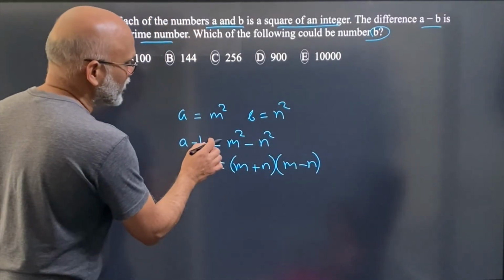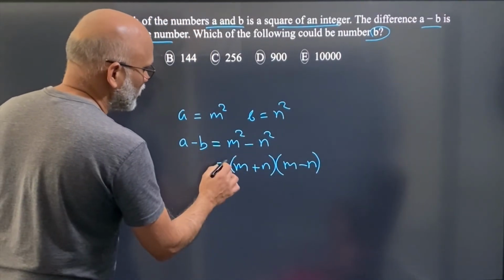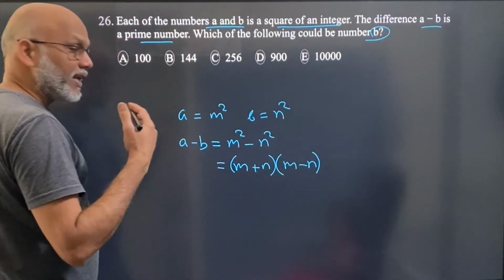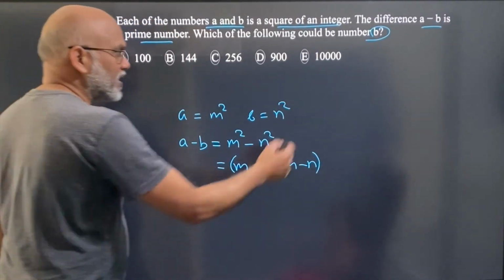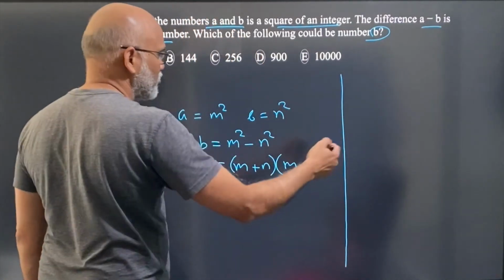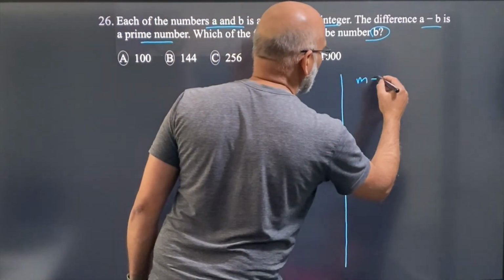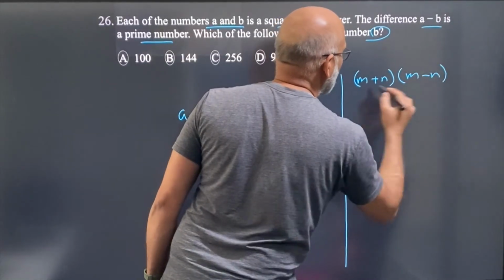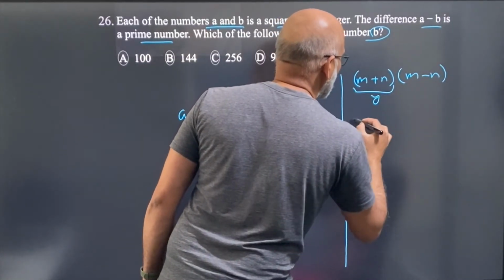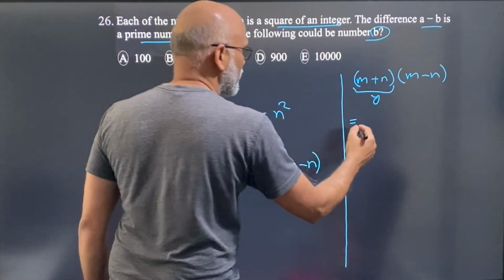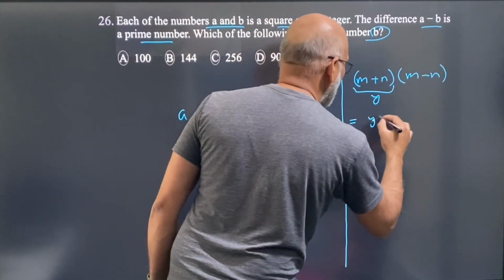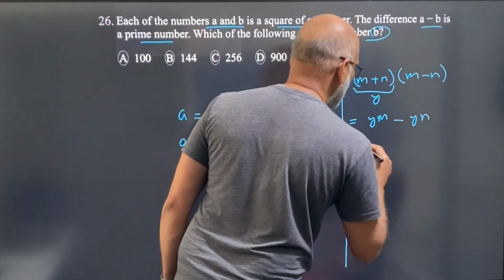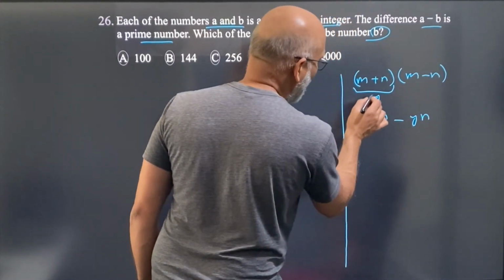So this factorization from m square minus n square to m plus n times m minus n is very handy to remember. It's very easy to derive too, so let me just do that quickly. M plus n times m minus n. Let me call this y. I'll just use the distributive property. So this is y times m minus y times n. I'll substitute back for y.